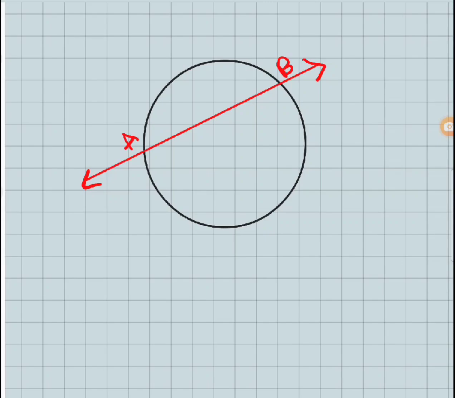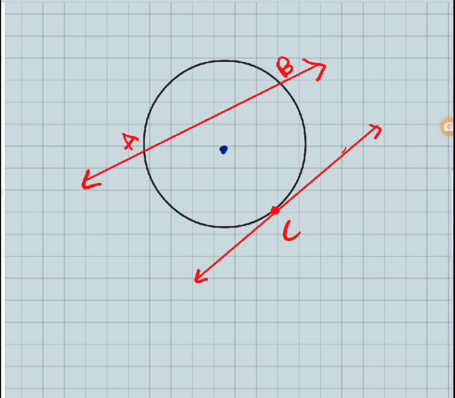So in this case, at point A and point B. A tangent line touches the circle at exactly 1 point, and I just missed that circle, so let's do that again. So this would be a tangent line. It touches the circle at point C.